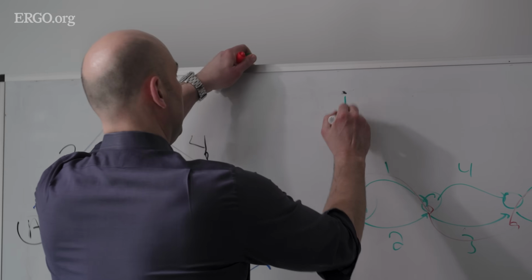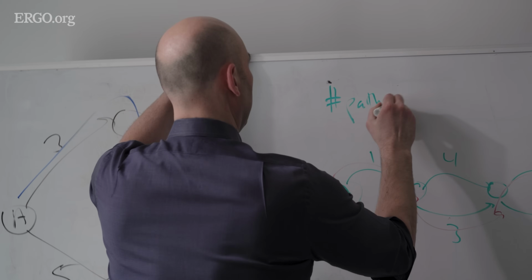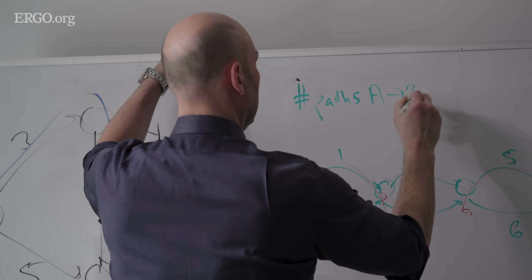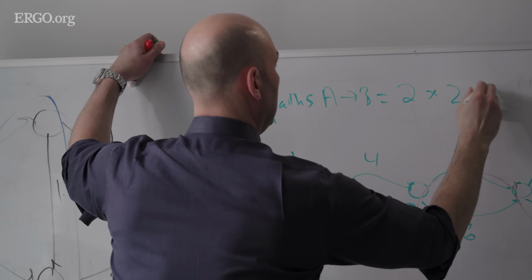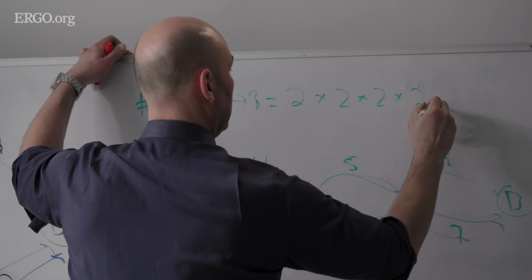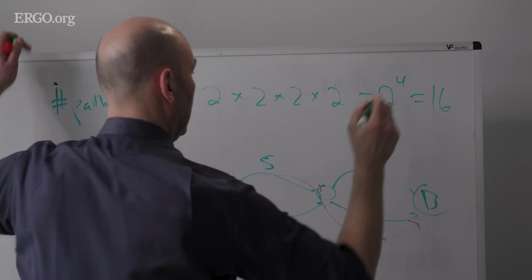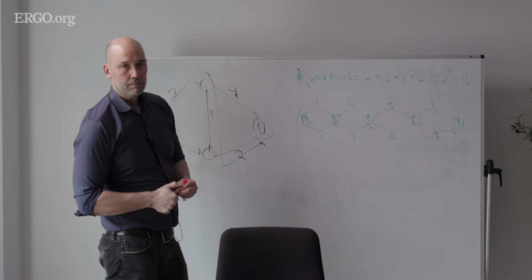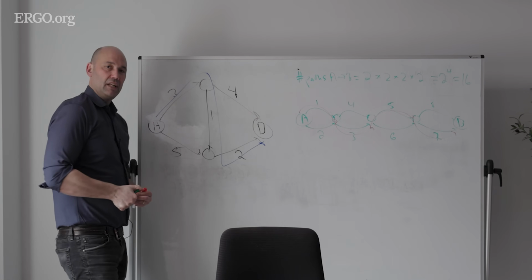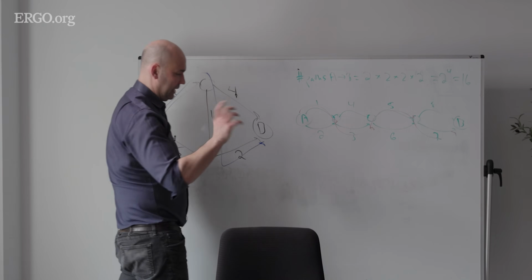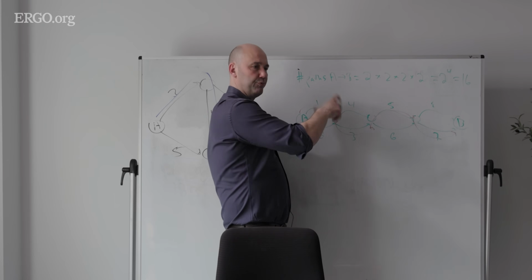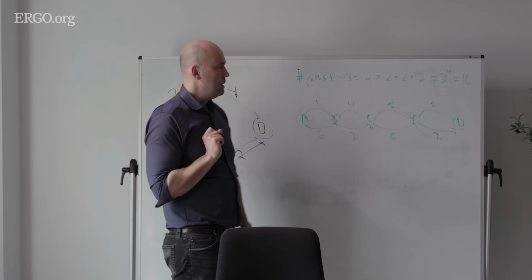Okay, so number of paths from A to B, 2 times 2 times 2 times 2. Also known as 2 raised to the 4th power, also known as 16. Okay? That is how many different options you have, okay? Because you have an independent binary choice 4 different times, all right?